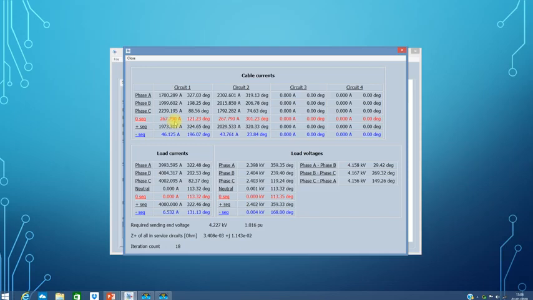So this makes the presence of these zero sequence currents due to circulating zero sequence currents more challenging to deal with from the perspective of the protection system.